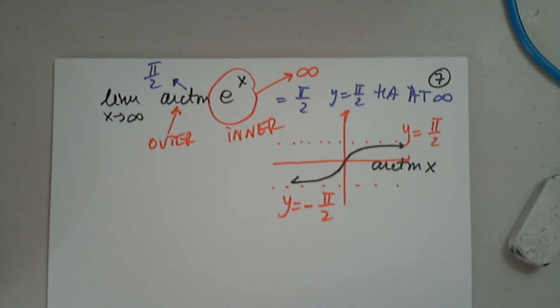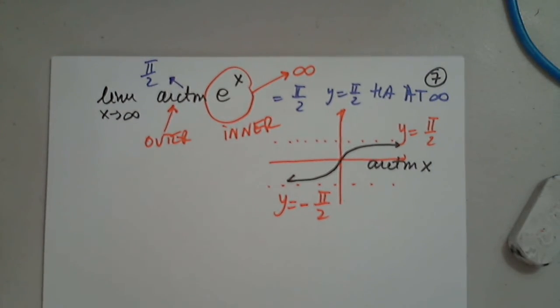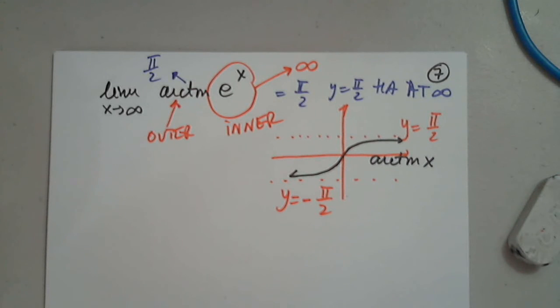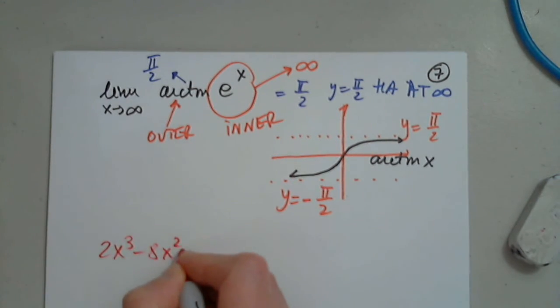Can you do an IVT? Yes, yes. You can do one from sample test number 6. Okay, sure. So we have 2x cubed minus 8x squared minus 7 equals 0. Good.